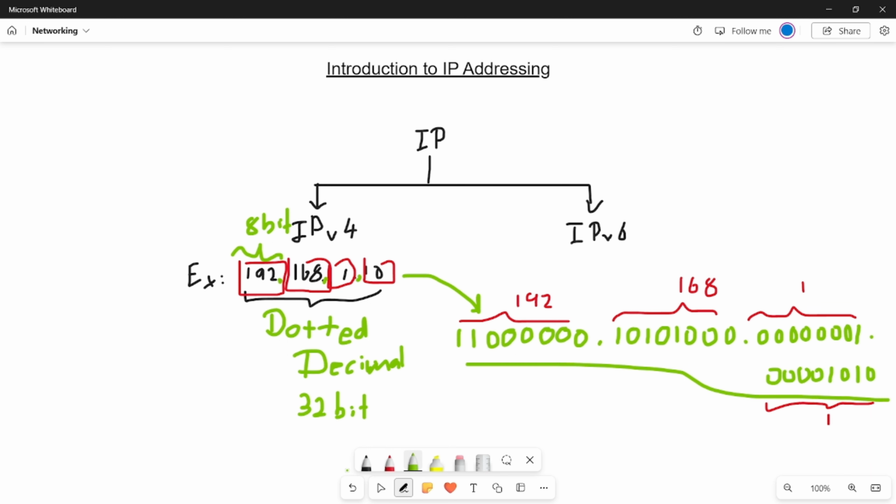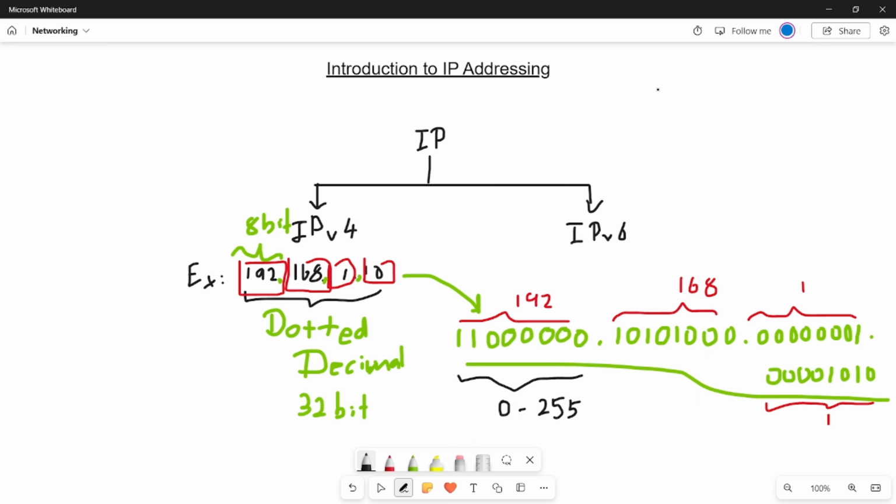One thing we have to know about this IP address is the maximum and minimum values that one slot can contain. One slot can be a minimum of 0 and a maximum of 255. How can we say this is the minimum number and this is the maximum number? We can calculate it.